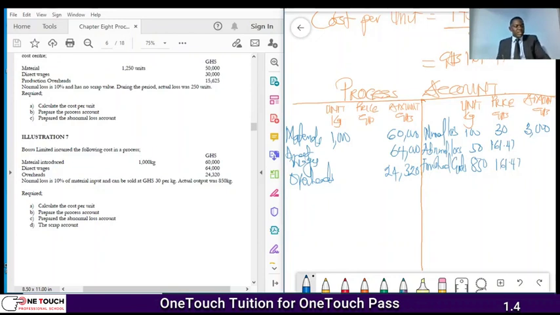Good. So let's look at the values that we have here. Now, 50 times 161.47 gives us 8,074.